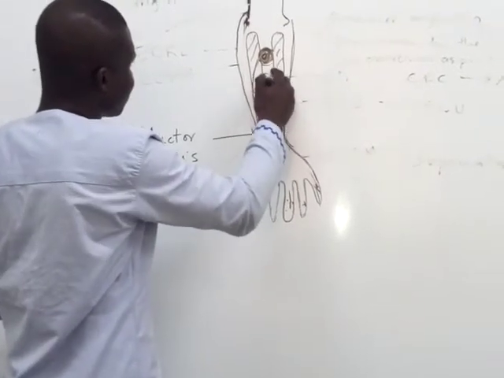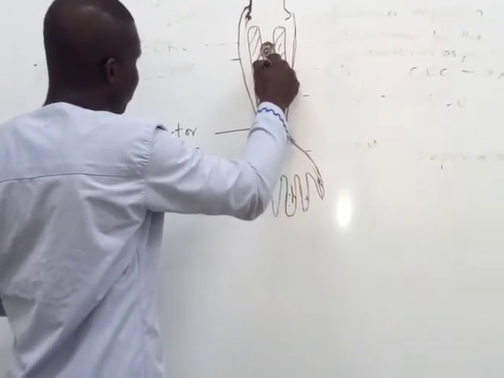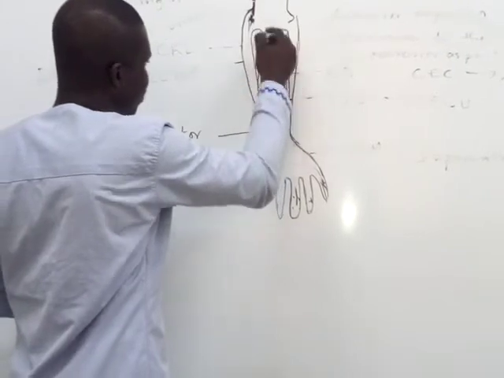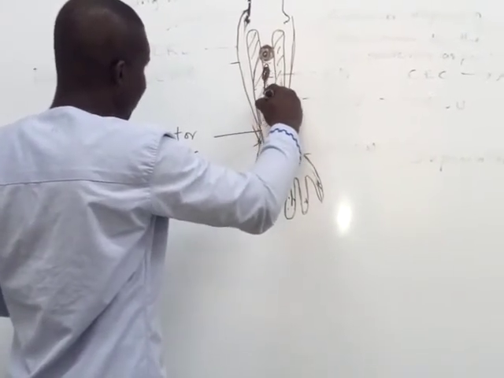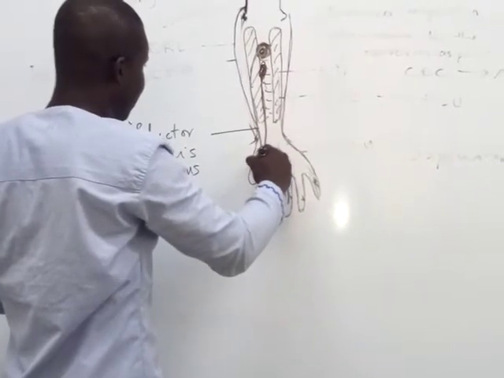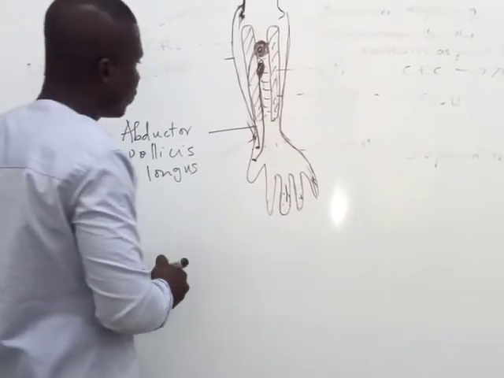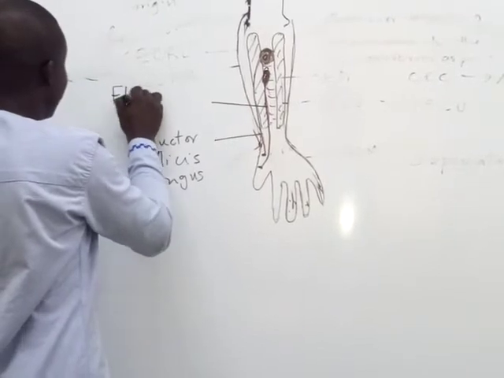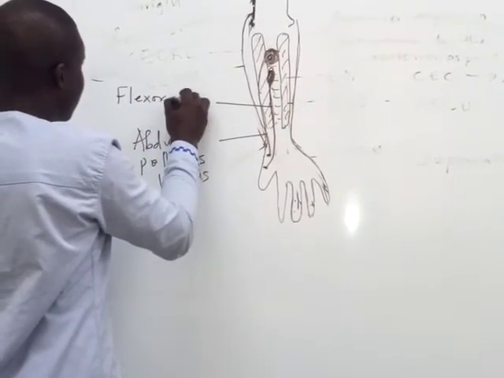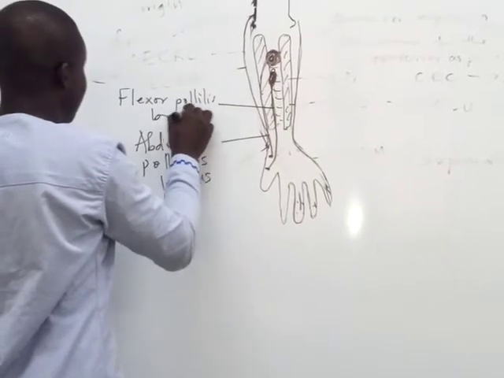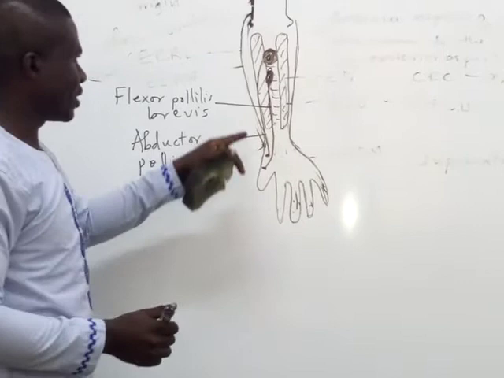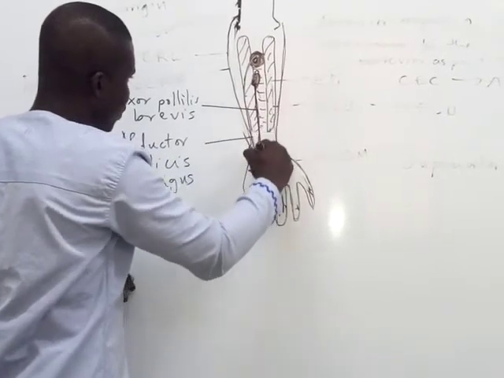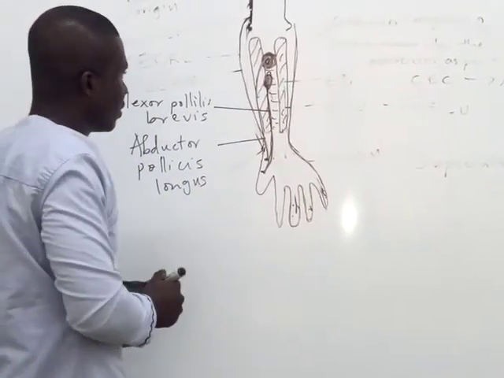Now the next muscle, which takes origin from a little bit lower level, from the radius in the adjoining interosseous membrane, and comes and inserts to the base of the proximal phalanx, is known as extensor pollicis brevis, which is a short muscle, because it's coming from the radius, the adjoining interosseous membrane, all the way to the base of the proximal phalanx.